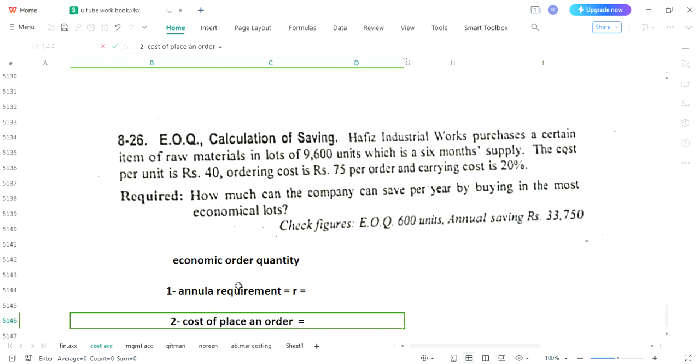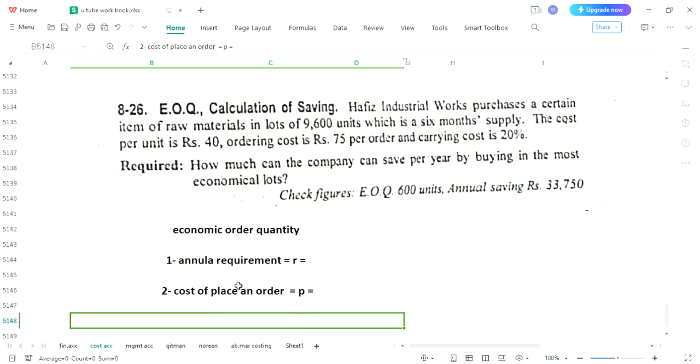We will write it as P and we will search for it. The third key point is carrying cost, and this is the most important aspect. For that, there are a few factors related to this.